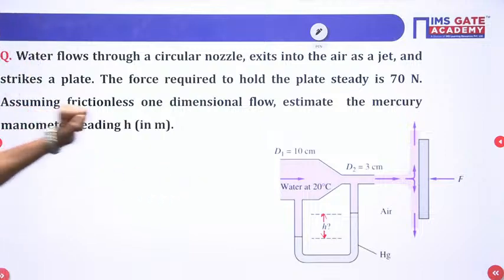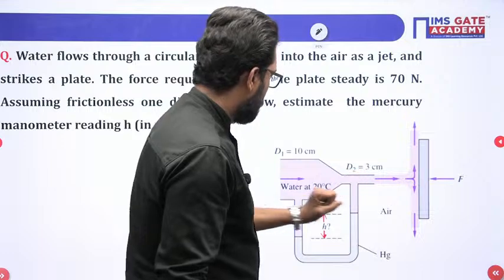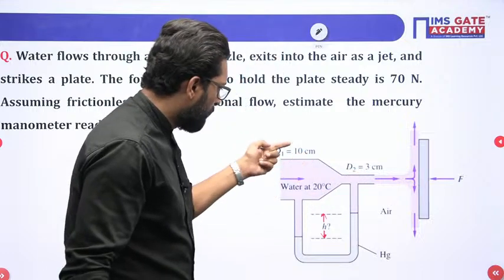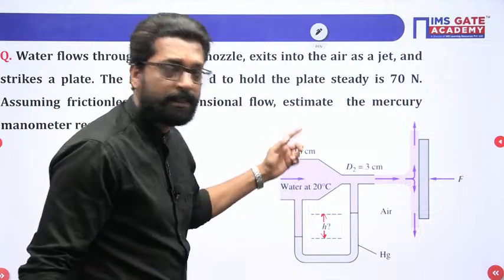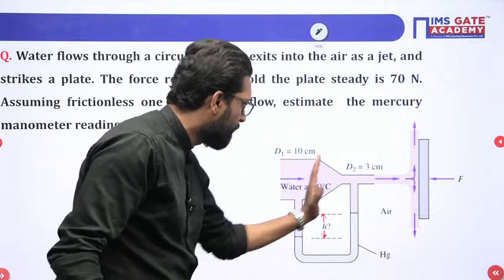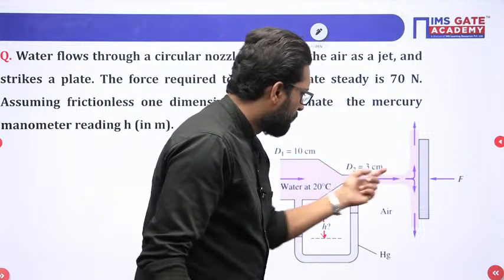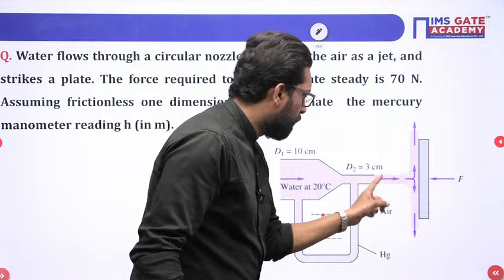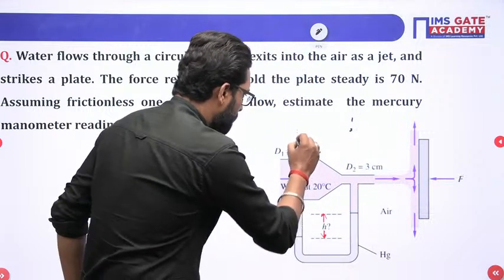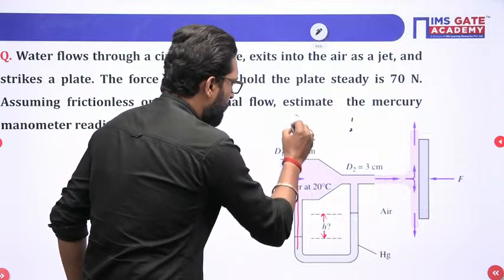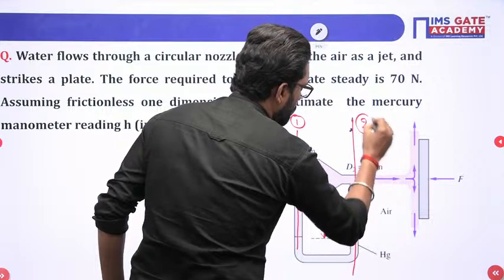This is the nozzle, and the diameter is given, that means the area of the cross section is given here, and the area of cross section at D2 is given here. Now it swings the jet into the air. If you take this section, it is your section 1 and this section is your section 2.